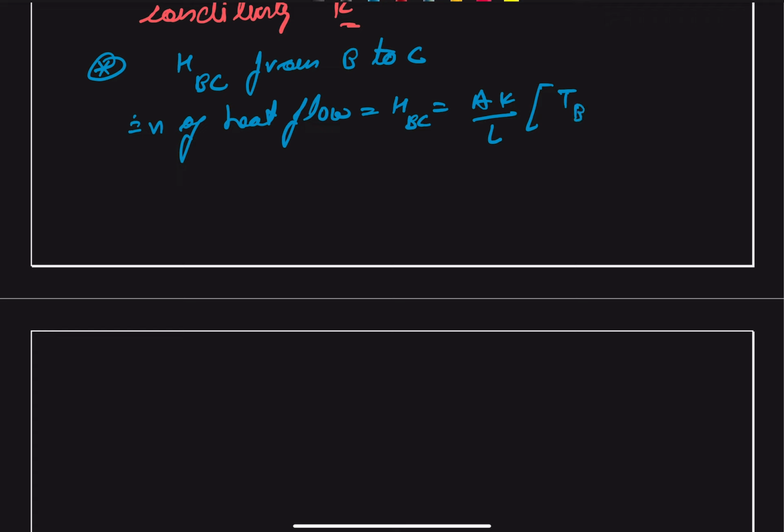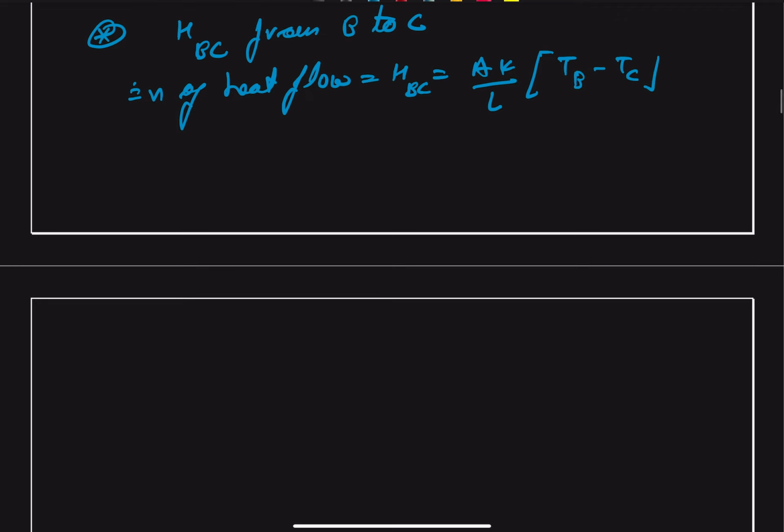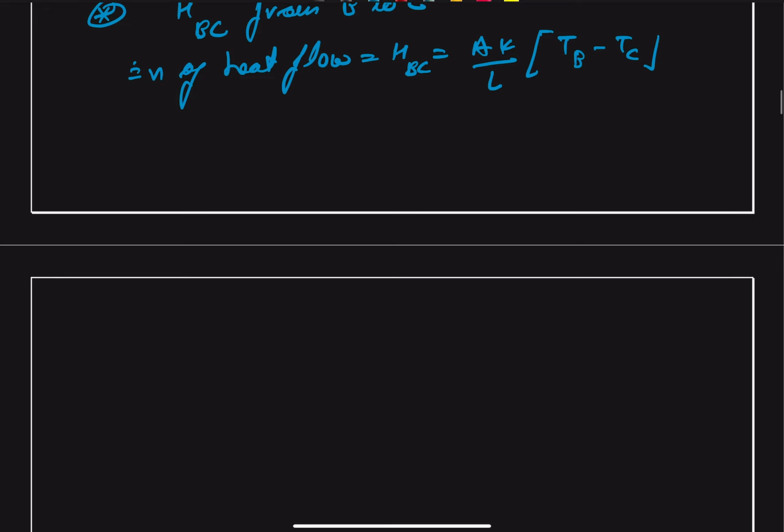Substituting the value of TB, HBC is equal to AK upon L times (square root of 2 multiplied by T minus TC). Let us call this equation 1.